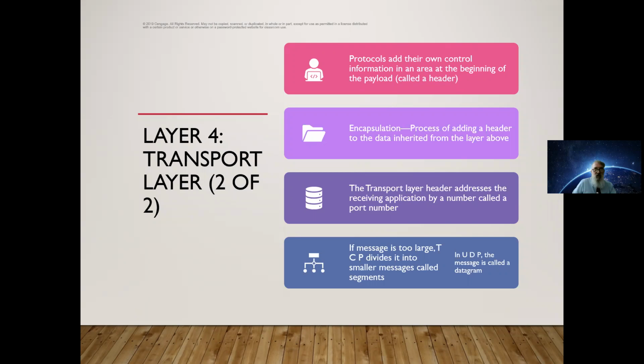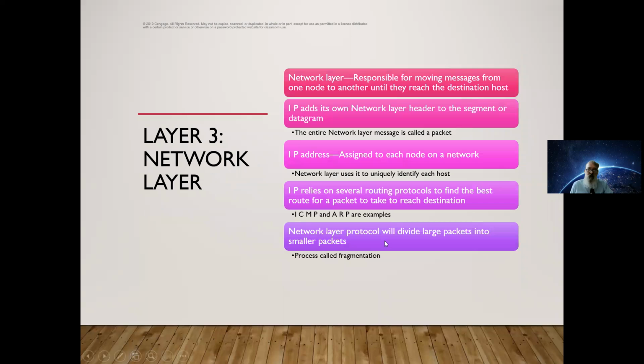And as I said, you have that choice of UDP or TCP. Now, with these at the transport layer, the message can be broken down to a size that will fit. I use the word PDU. It's also called a datagram.